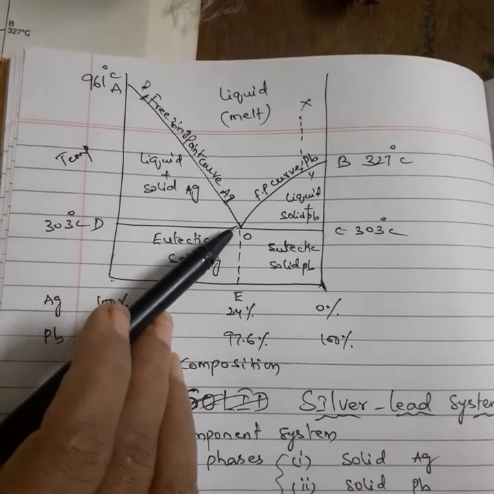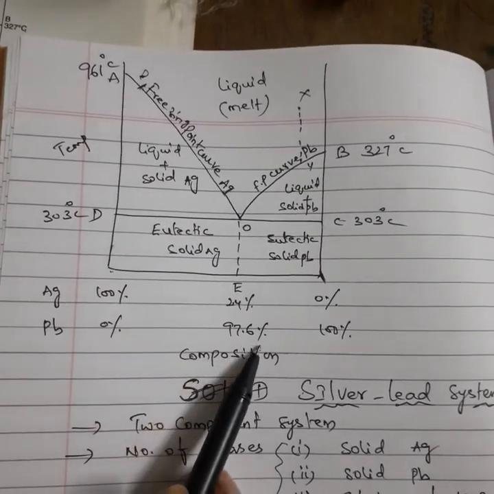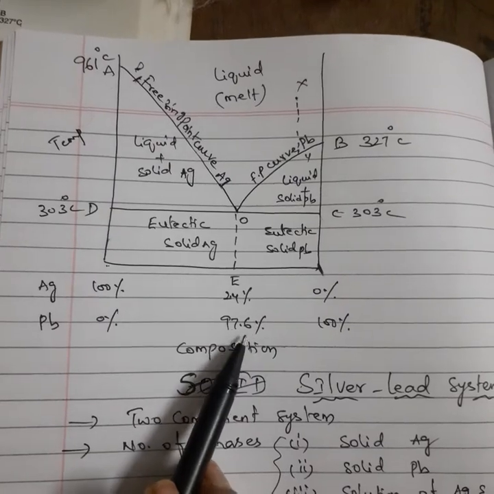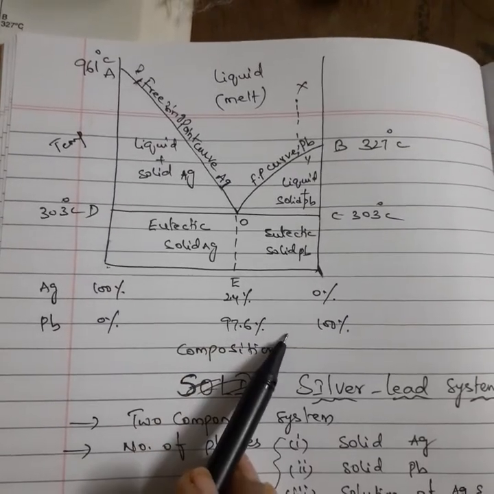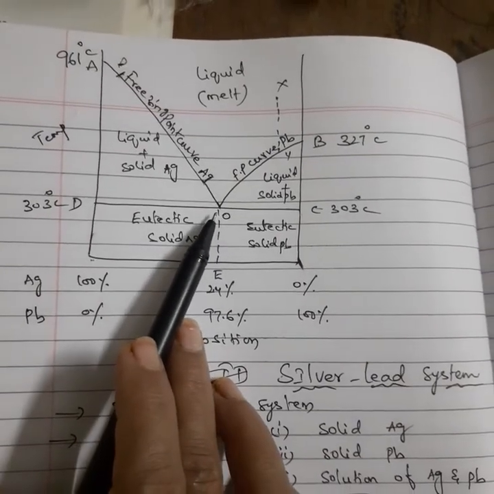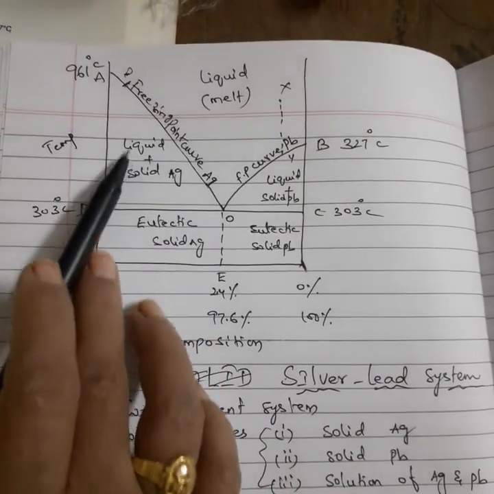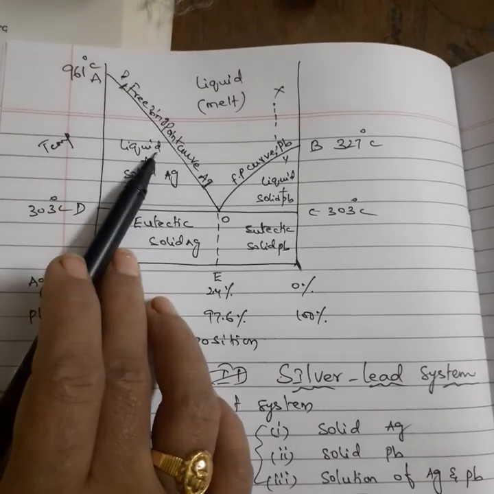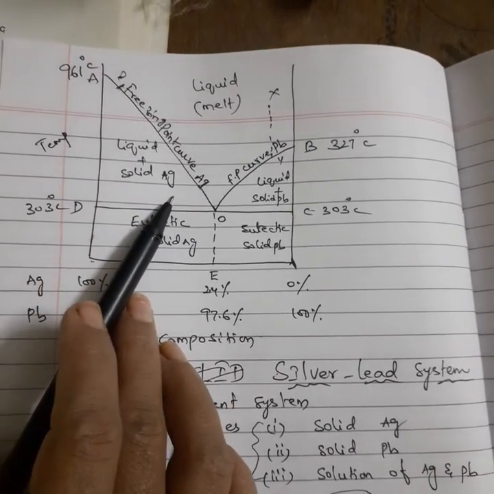When it reaches O, that is, the lead composition is 97.6%, even if you add 97.7%, no more silver turns into solid. So this part is the liquid form of both metals and the solid form of silver.